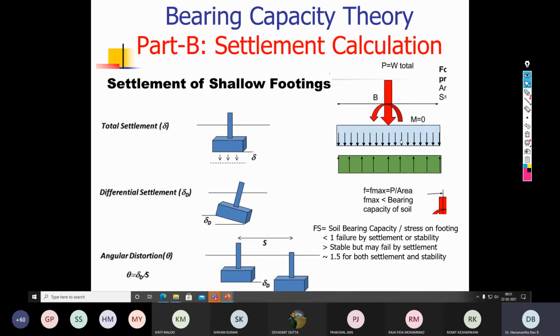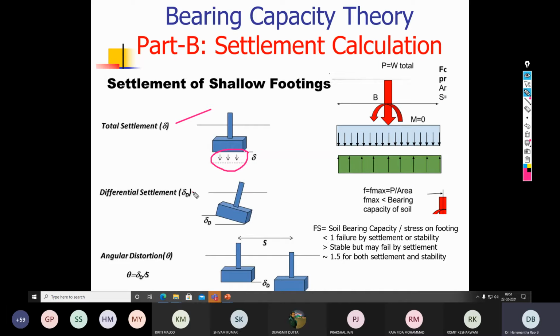So settlement. In brief, we did discuss what settlement is. Suppose you apply an overburden pressure on in situ soil, as shown here. One can anticipate three varieties of settlement patterns. One is the uniform settlement as shown here.